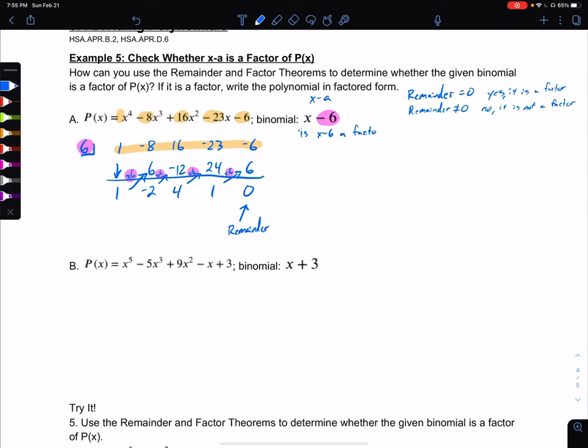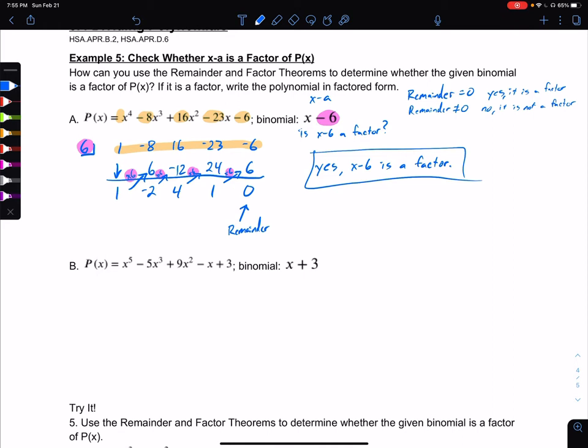That's what they want to know. Since our remainder is 0, that tells me that yes, x minus 6 is a factor. And that's my answer. I could just kind of say yes. Straightforward. I don't think you'll really have any issues. Should probably be pretty good at synthetic division by now, but you get the idea.